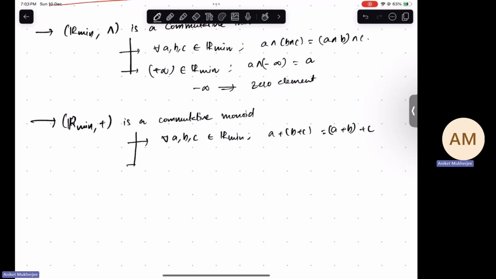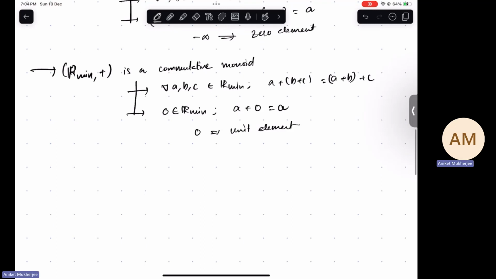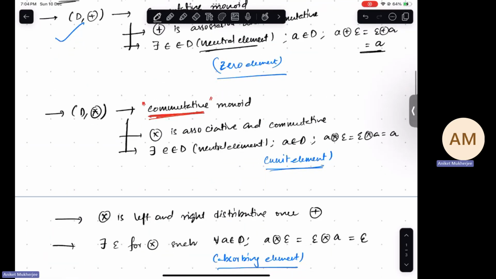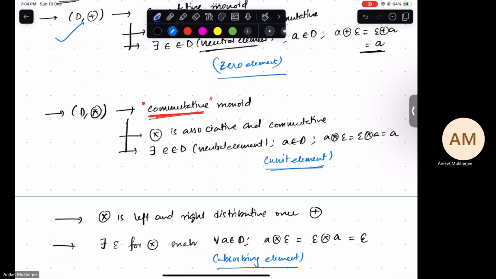This is something which you know. And now the neutral element is zero. We know that 0 belongs to R min. Therefore, a plus 0 equal to a. Therefore, 0 is the unit element, right? So the second one also is true.